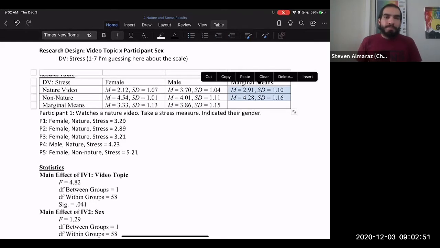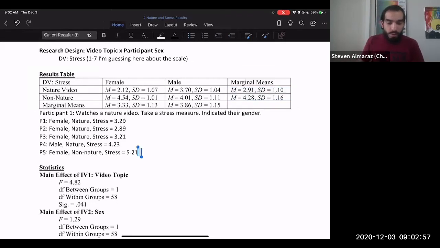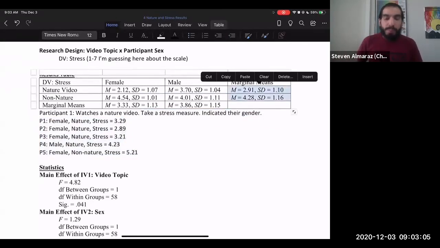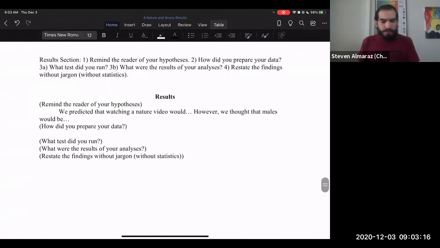And these 2 boxes are what we're comparing in our statistical test. So we need to tell the reader, how did we get from the data the participants gave us to the numbers that we actually compared? All right. And the answer is we averaged together the stress scores for the different groups of people. Okay. So for how did you prepare your data, you're going to say something about that.